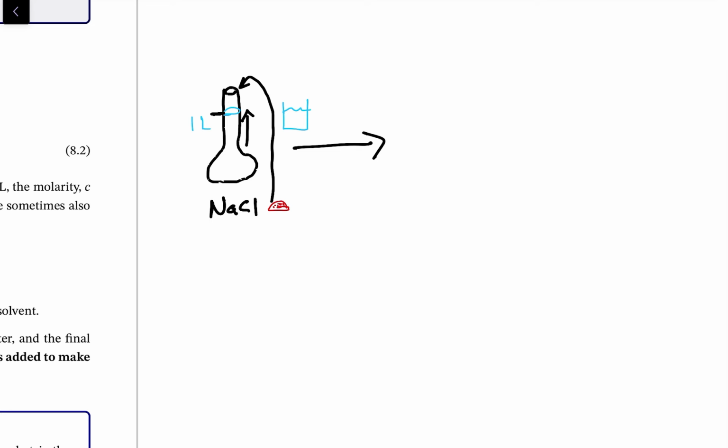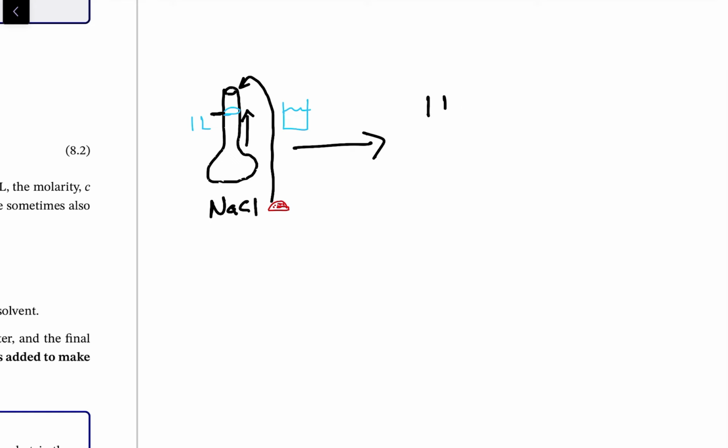Doesn't the sodium chloride also take up space in this volumetric flask? So meaning not all of the space occupied in that 1 liter is water, right? It is 1 liter of solution.